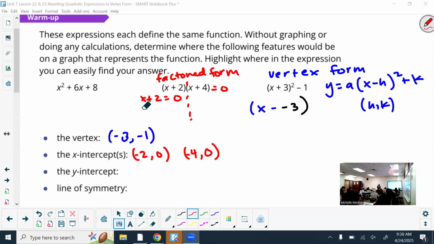What plus 2 will give me 0? -2. So that's why it's like the opposite. We have to figure out what needs to make that parentheses 0. And then in x plus 4 equals 0, what plus 4 will equal 0? So that is why these are our x-intercepts or solutions. Questions on that?